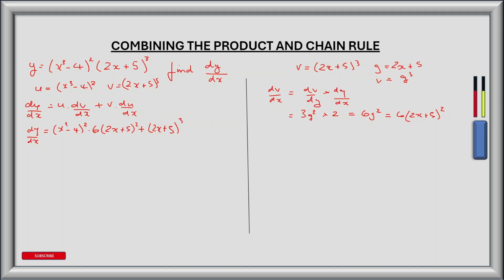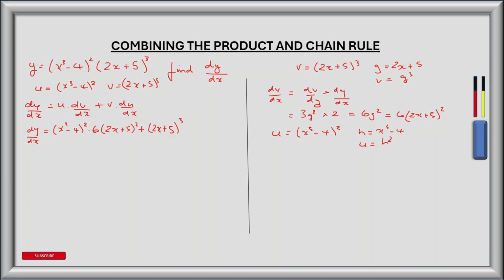So if we again move over to the right hand side of the board and we say u is equal to (x cubed minus 4) all squared. So again we need to apply the chain rule here. Our inside function, let's call it h, is equal to x cubed minus 4, and u is h squared.